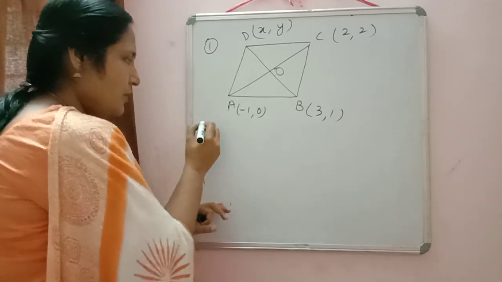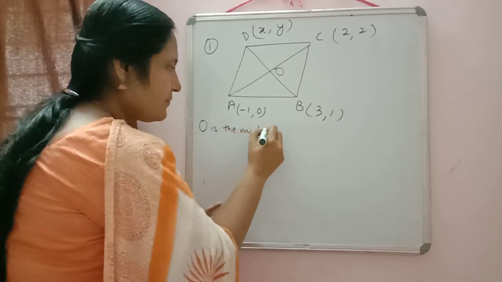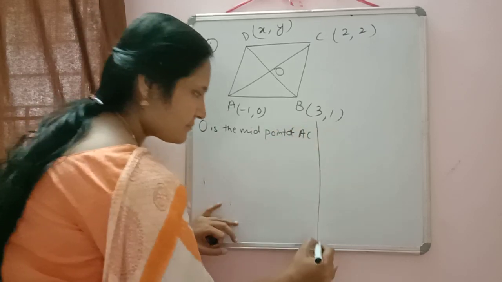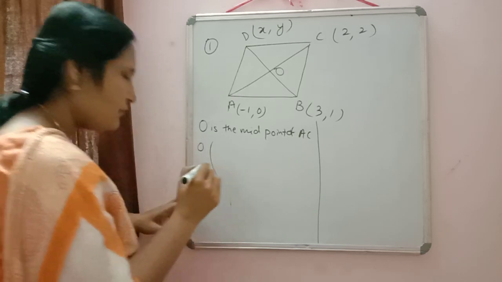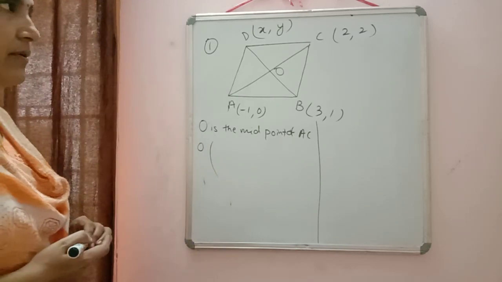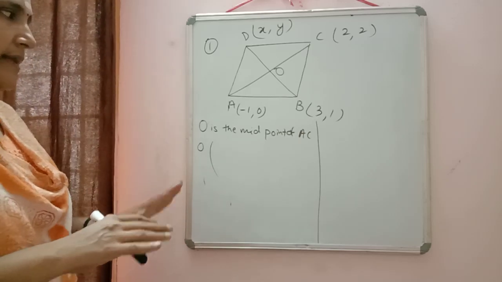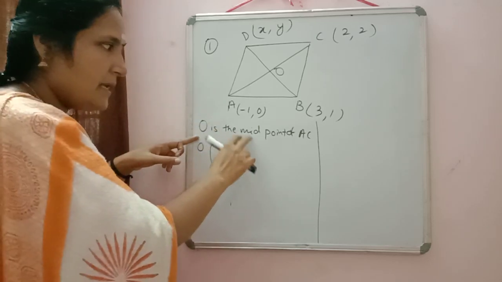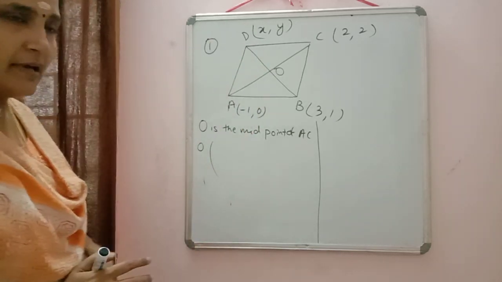So first we are going to use the concept O is the midpoint of AC. So according to the midpoint concept, what will be the x coordinate and y coordinate of O? We will check there. No need to write the formulas again and again. The main concept we wrote here.